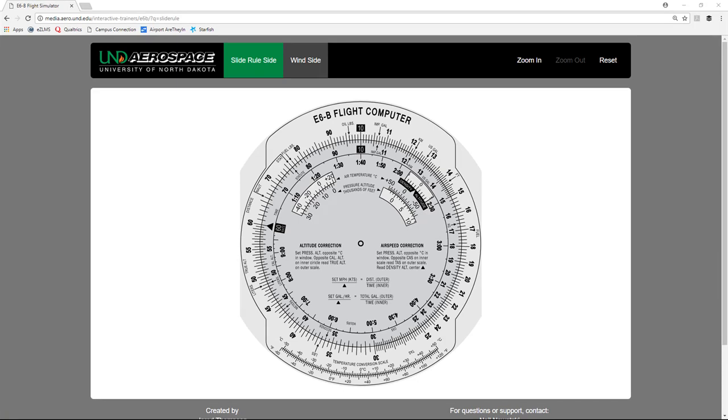So the first thing we'll try here is our airspeed corrections and density altitude calculations. So our calibrated airspeed, a reminder of what that is. Calibrated airspeed is simply your indicated airspeed corrected for instrument and position error. So your airspeed indicator determines your airspeed using pressure within the pitot tube and the static port.